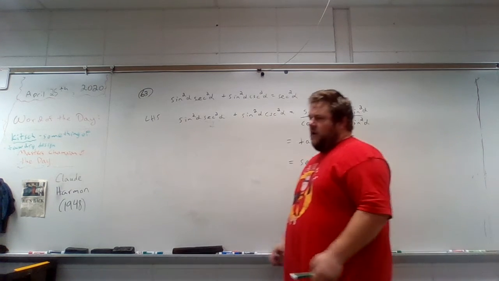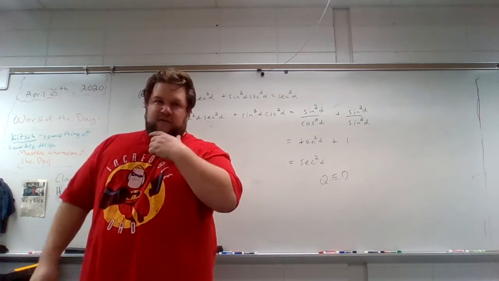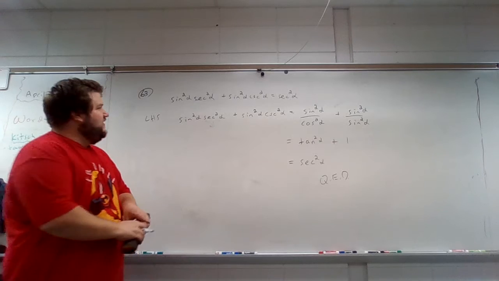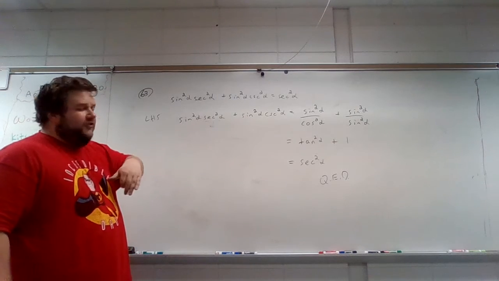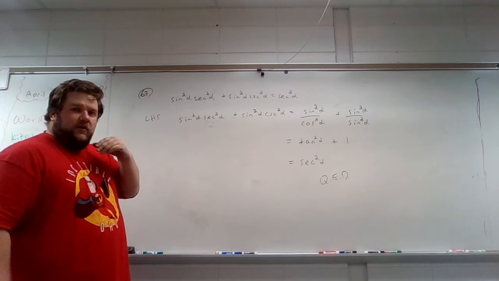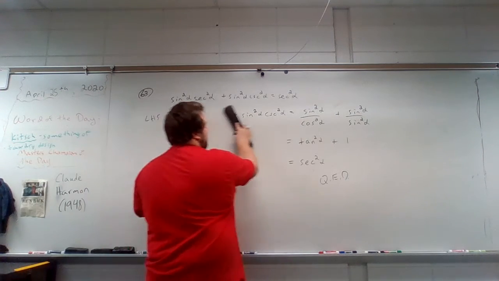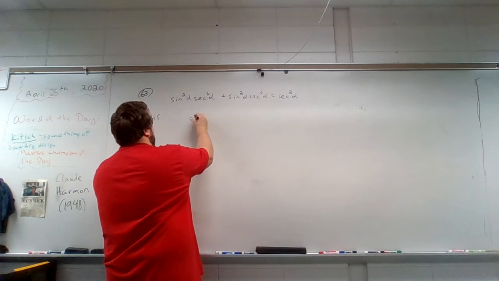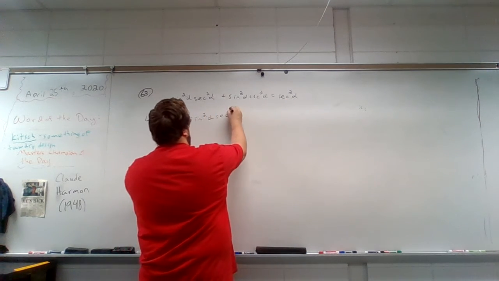Now, could I make it a little more difficult? Yeah. But I could get there if I did. Okay, so that's a perfectly fine way to do it. No problem with that at all. Let me show you what would happen, so that if you do this, you would still get it eventually.